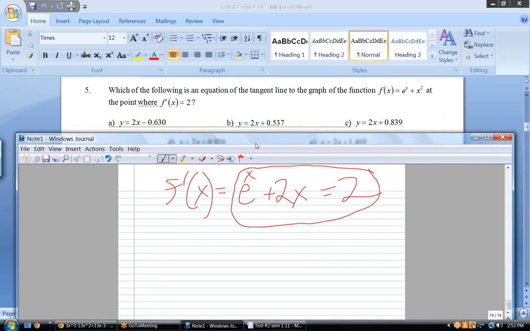So the equation of that line, well, y is equal to mx plus b. We know the slope is 2 at some point where x is 2.